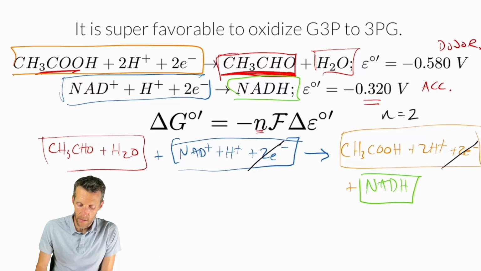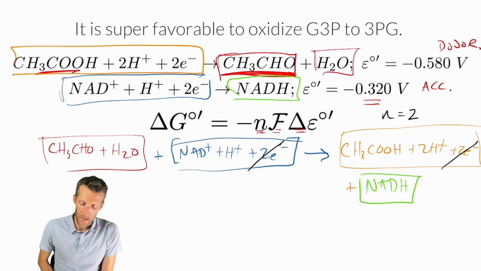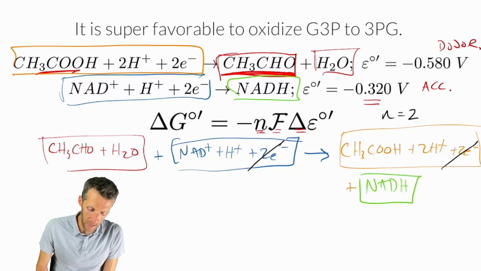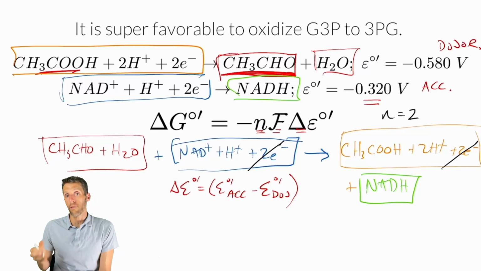We've got our n, we've got our F, which is a constant, and we've got our delta E. So let's go calculate our delta E. The delta E is going to be the acceptor minus the donor, right? Our electrons are going to flow from the donor to the acceptor. So this is going to be the change in the standard state reduction potential, or the change in the affinity of the molecules for their electrons.